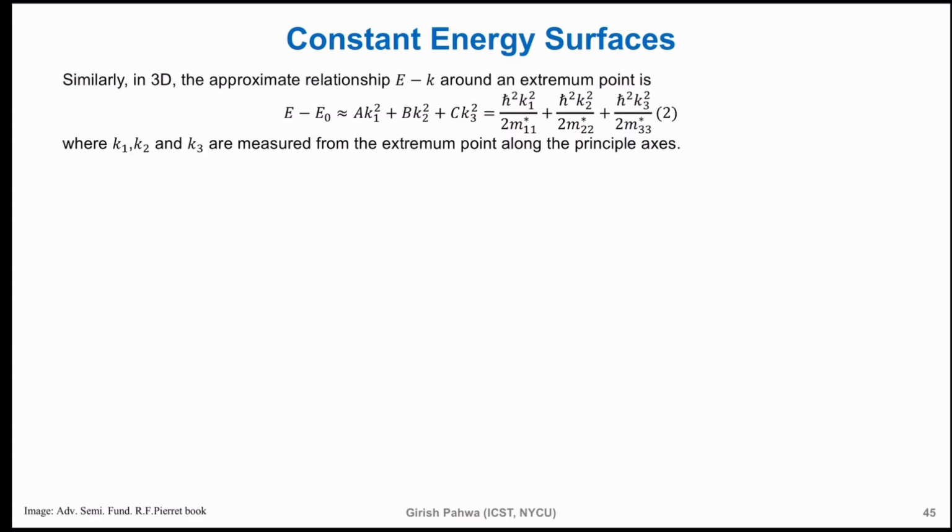Now let's take this E to be constant now. In 2D it was an ellipse. Now in 3D, what is this equation? If I have E equal to constant equal to A K1 square plus B K2 square plus C K3 square, what is the shape?